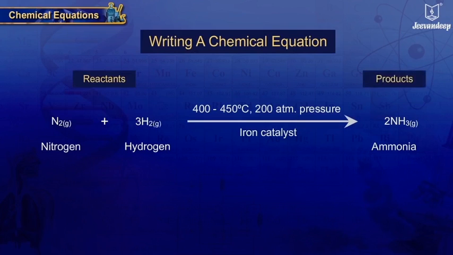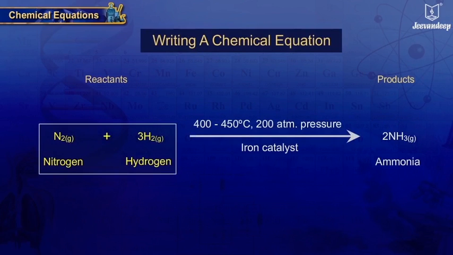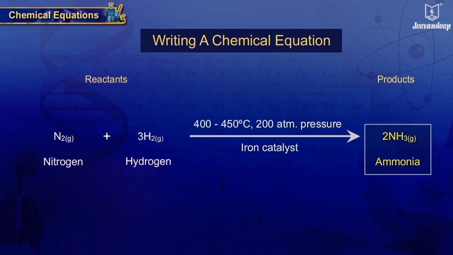Reactants and products are separated by an arrow pointing towards the products and the tail towards the reactants, thus representing the direction of the reaction. If the number of reactants and products is more than 1, they are written with a plus sign in between them.